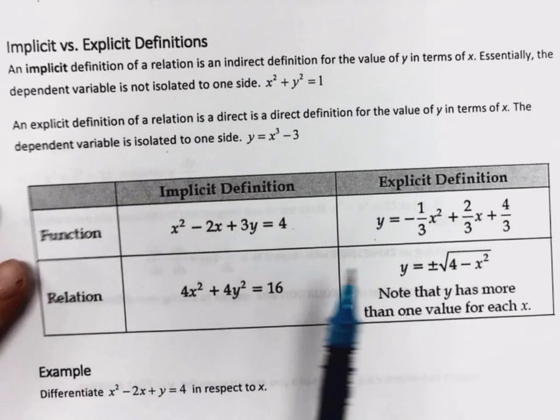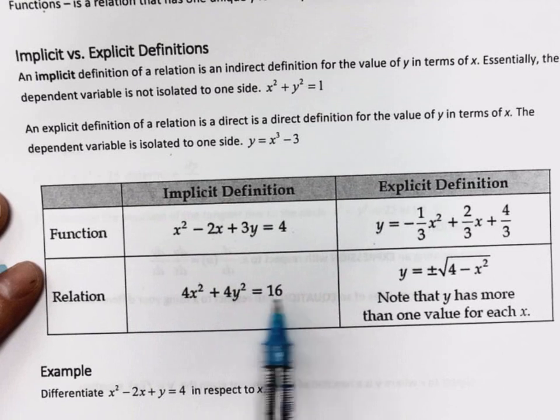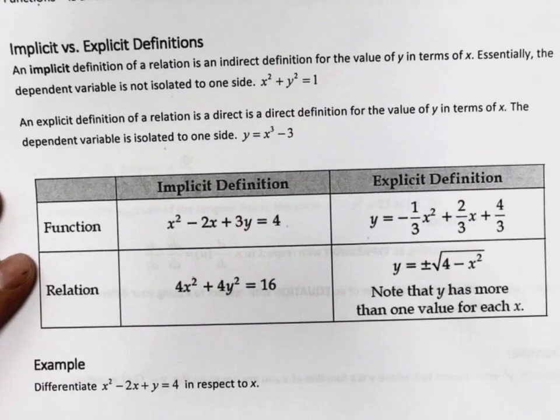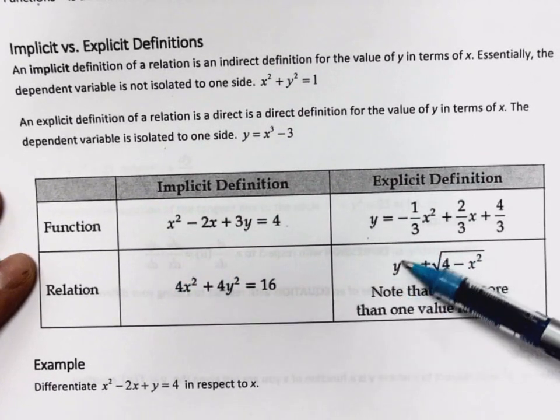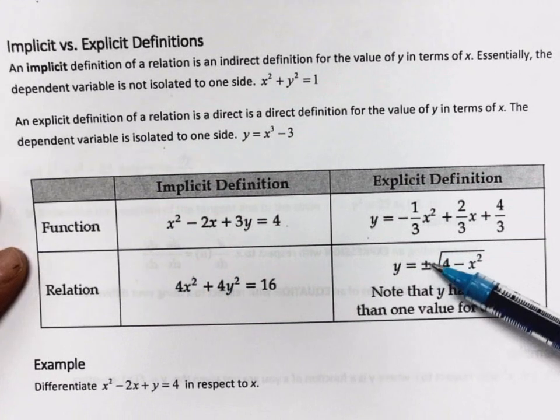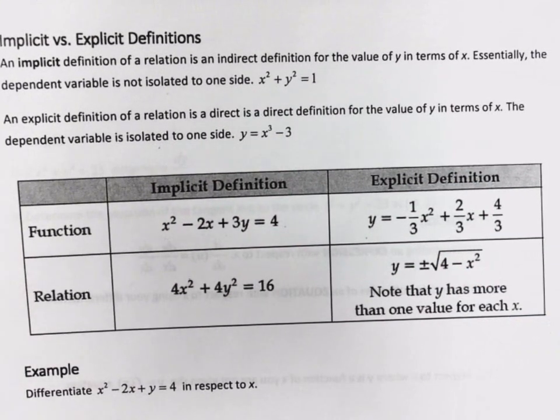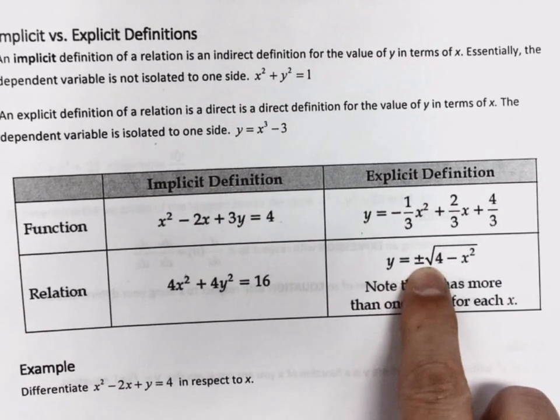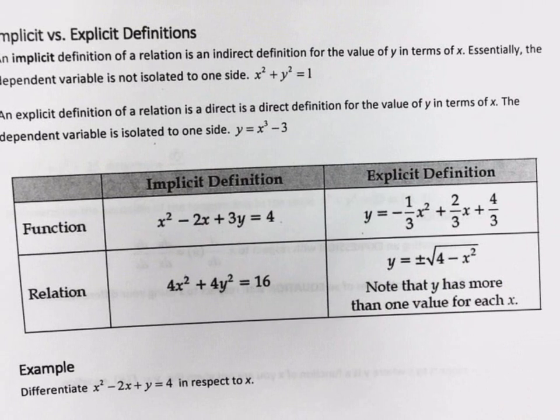No. So this is going to give us a circle or an ellipse. I feel like it's going to give us a circle. If we were to rearrange it, we're going to have two parts: that positive principal root and that negative root as well. So there's going to be more than one value. It will not pass the vertical line test. That's why it's a relation.